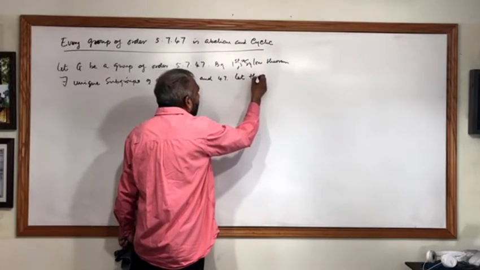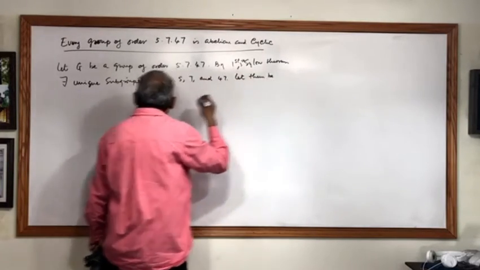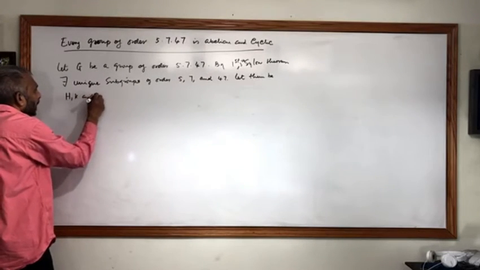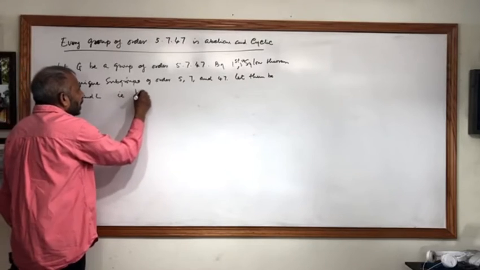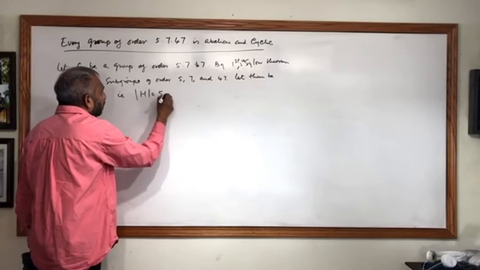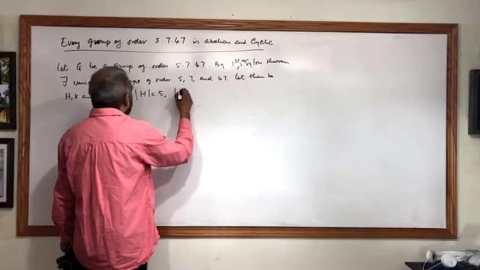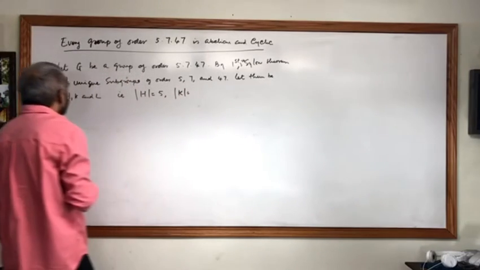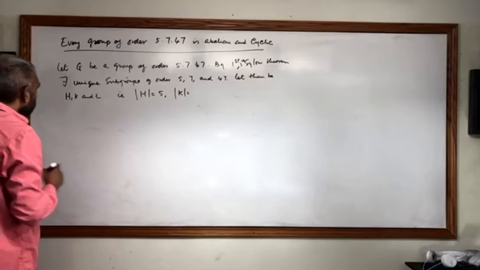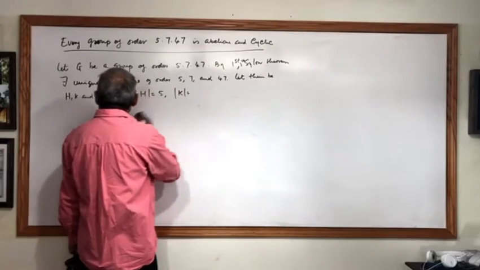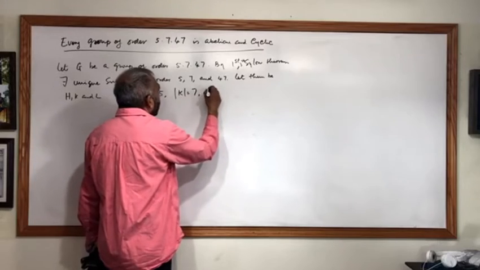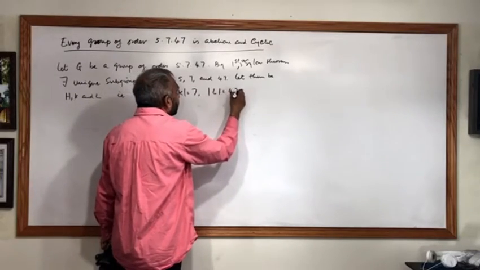Let them be H, K and L. That is, order of H is equal to 5, order of K is equal to 7, order of L is equal to 47.